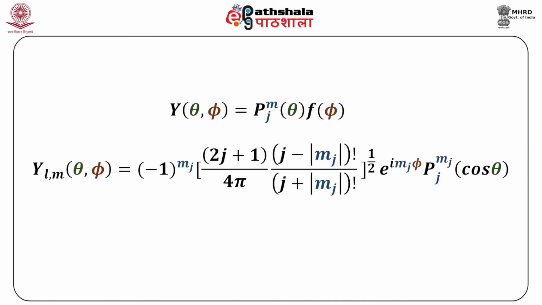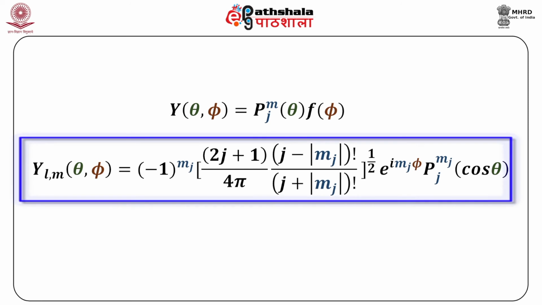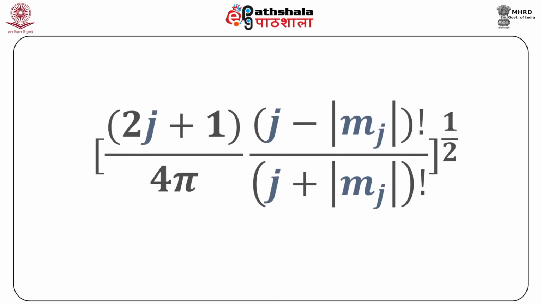This value is obtained as Y_j^{mj}(theta, phi) = (-1)^{mj} [(2j+1)/4 pi x (j - |mj|)!/(j + |mj|)!]^{1/2} e^{i mj phi} P_j^{mj}(cos theta). The term within the square root includes the normalization constant of both theta and phi dependent functions.